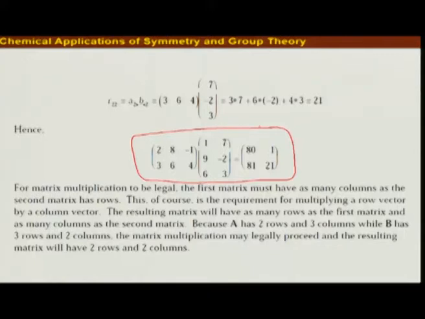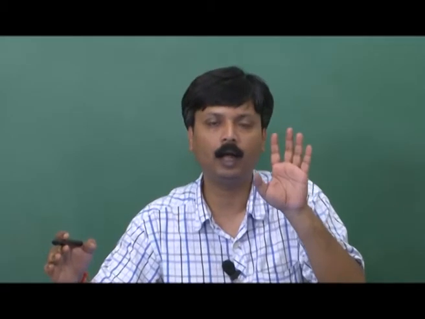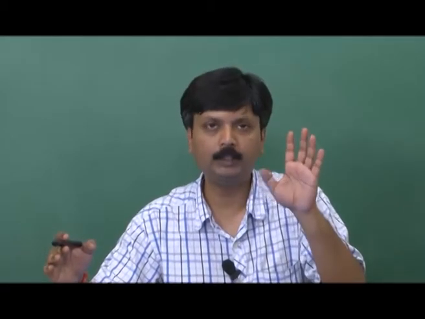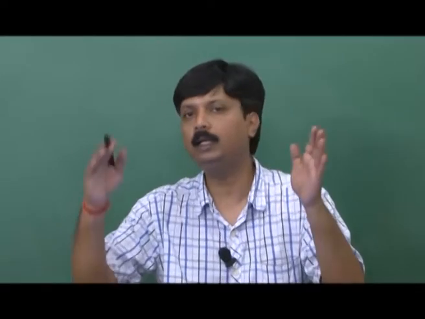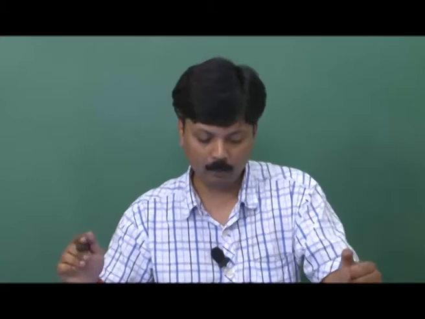So for matrix multiplication to be legal, the first matrix must have as many columns as the second matrix has rows. That you have probably understood by now when we gave the example of the condition of row vector and column vector. If you just extend that to any given form of matrix, then you come to this particular rule which we are talking about right now.